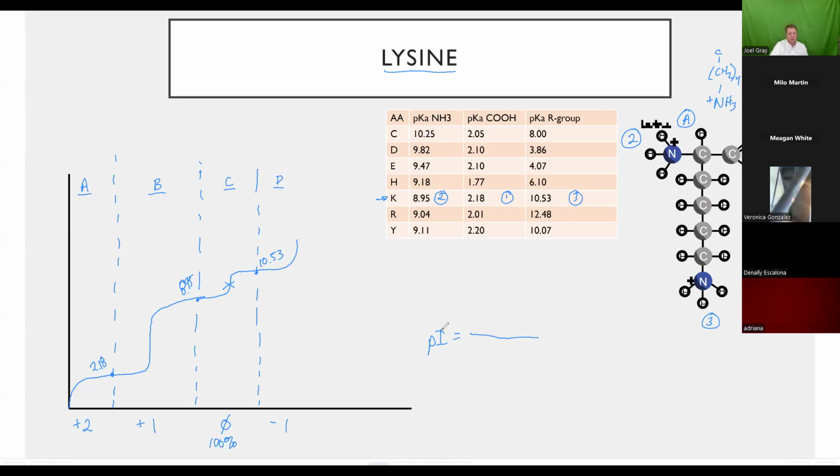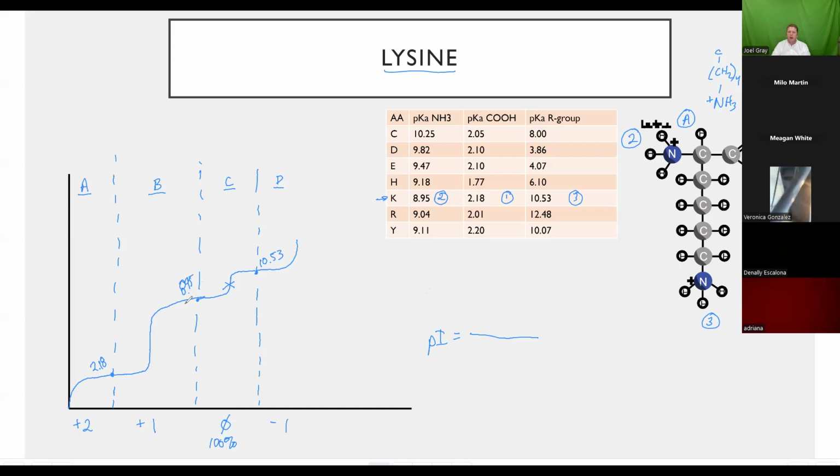Now, I'm guessing when you got 7.22, you took 9.74. That's correct. So the 7.22, that was probably from 8.95 plus 2.18, or was that from all three pKa values? Okay. So the significance of the pI, and this is where it gets tricky.